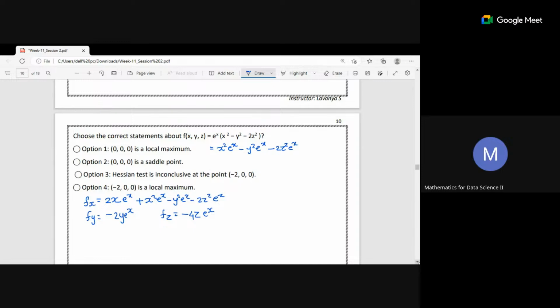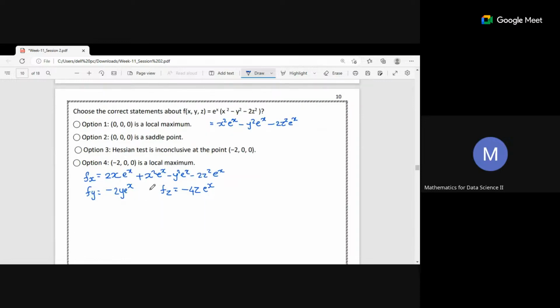Okay. Now, what is fxx? Maybe let us write it here. Fxx is 2 times of x e power x plus 2 e power x from the first term. From the second term, again 2x e power x plus x square e power x minus y square e power x minus 2z square e power x.